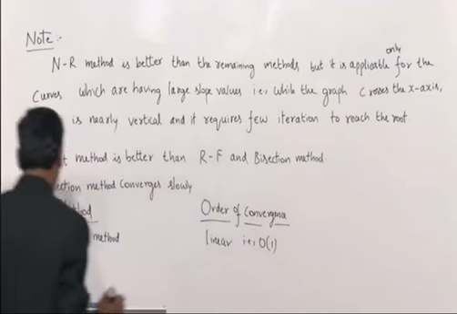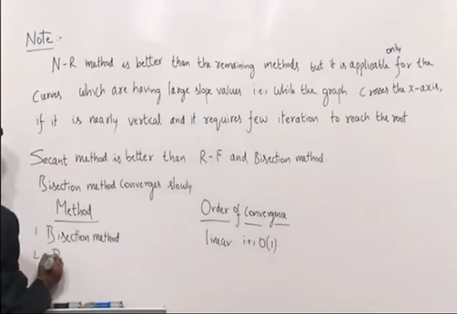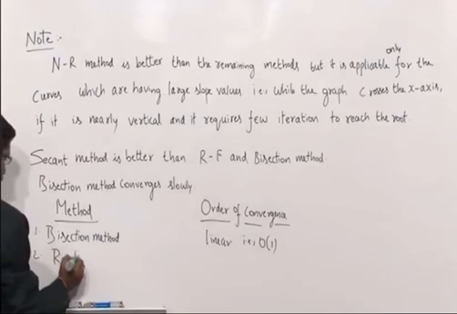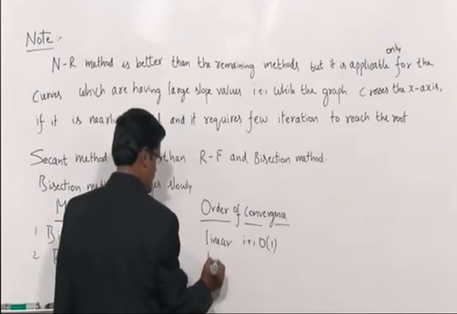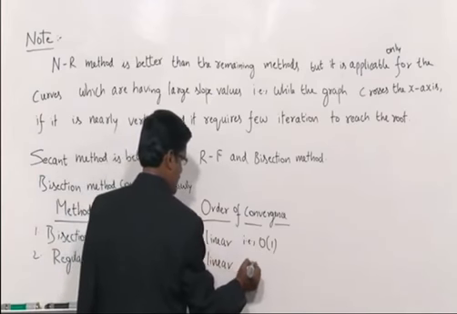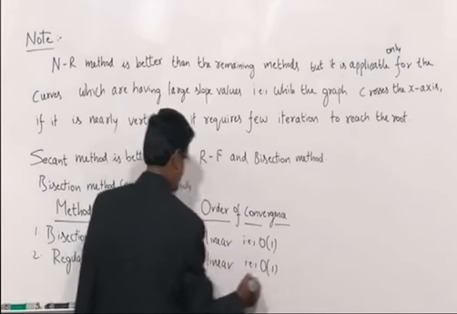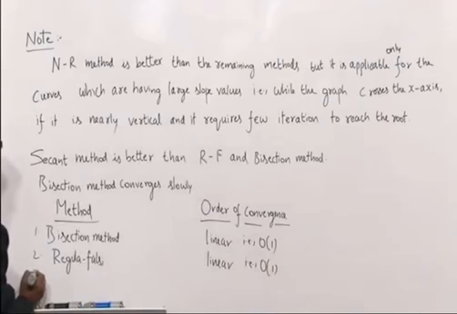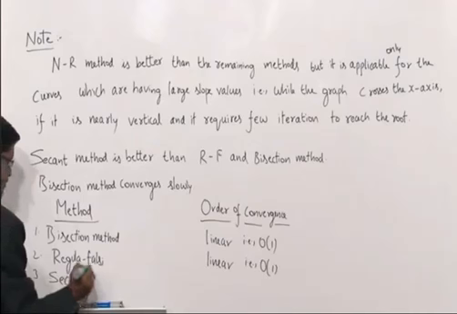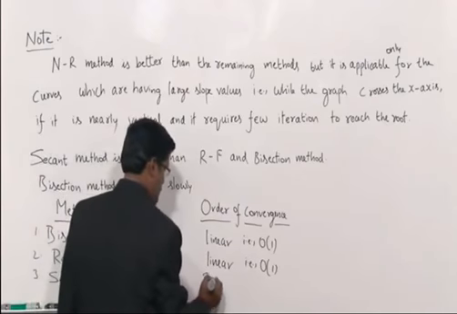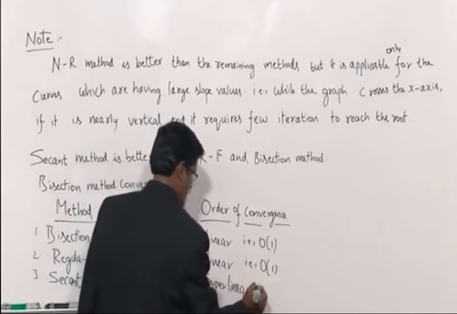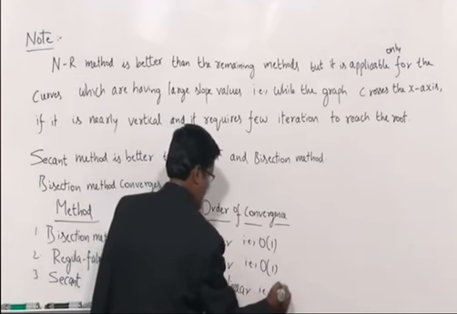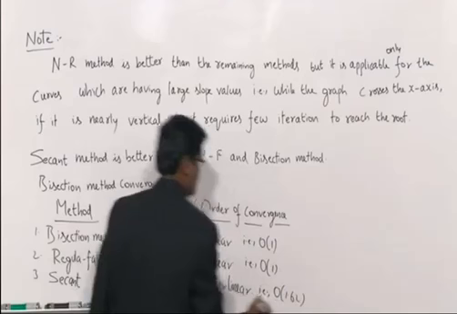This is also denoted by O(1). 2, regula falsi method, same, this is also linear, that is in O notation order 1. 3, secant method, superlinear, that is more than 1, that is order 1.62 approximately.